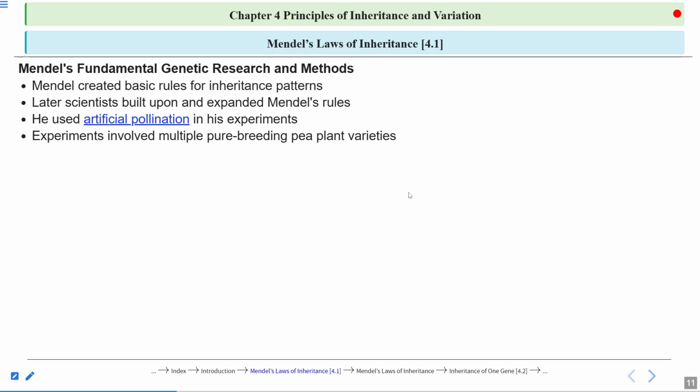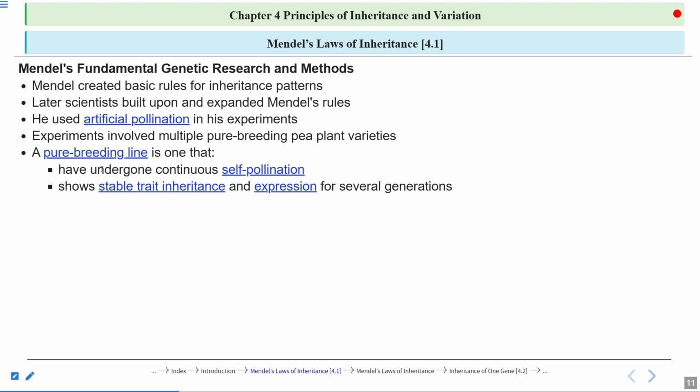But if the varieties are pure breeding, then the traits will be maintained in the next generation also. So a pure breeding line is one that has undergone continuous self-pollination, means selfing, and shows stable trait inheritance and expression for several generations. Means the trait will be maintained from one generation to the next generation.